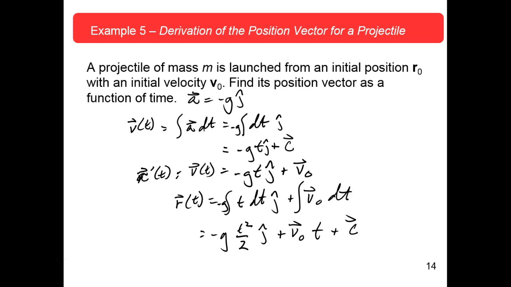So here's our generic equation. R as a function of t, that's what we're looking for, position vector as a function of time, is equal to minus 1/2 gt squared j plus V0 t plus R0.